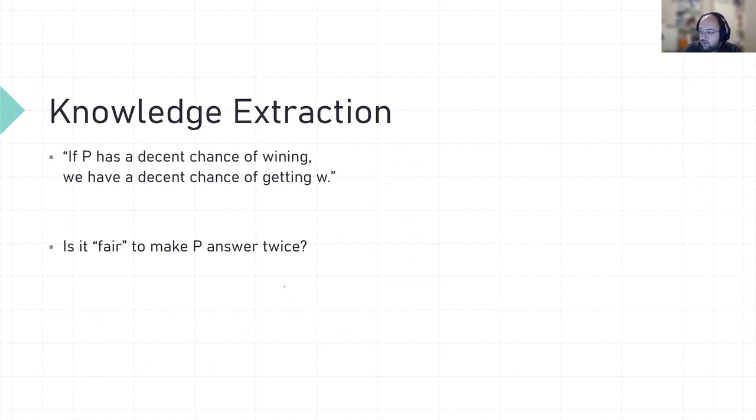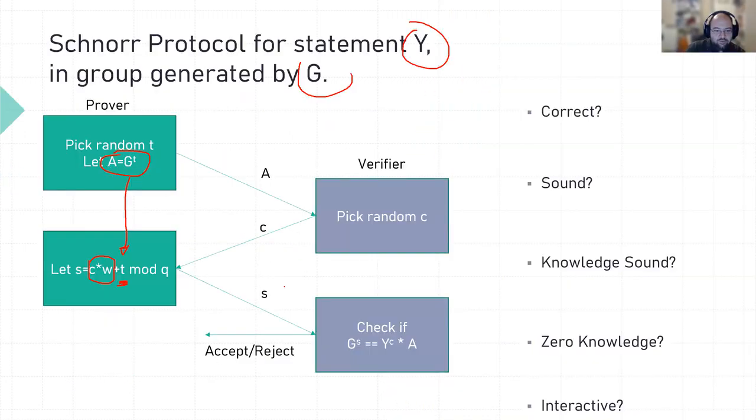Okay, so is it possible to modify the protocol to require more than 2 correct answers? Not in a way that immediately makes sense. So what would happen if we had this baked into the protocol? So suppose we go back here and instead of picking a random C, we pick a random C1 and a random C2, and then we have S1 and we have S2, and then we check twice.